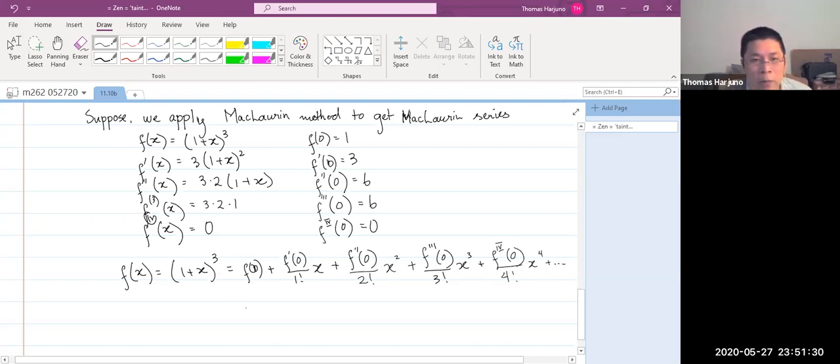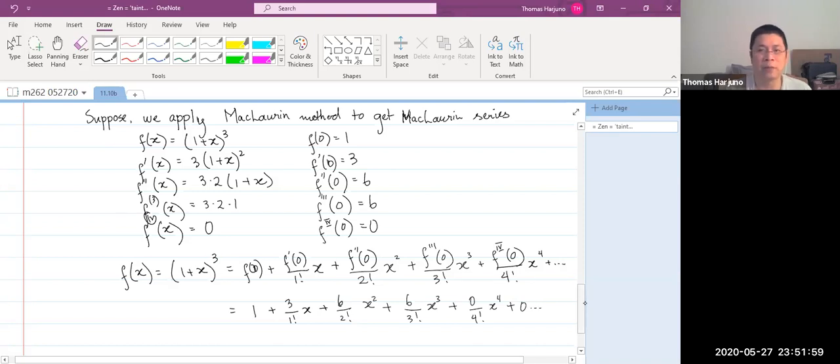When I plug in numbers, I get 1 plus 3 over 1 factorial x plus 6 over 2 factorial x squared plus 6 over 3 factorial x cubed plus 0 over 4 factorial x to the fourth, and a bunch of zeros after.